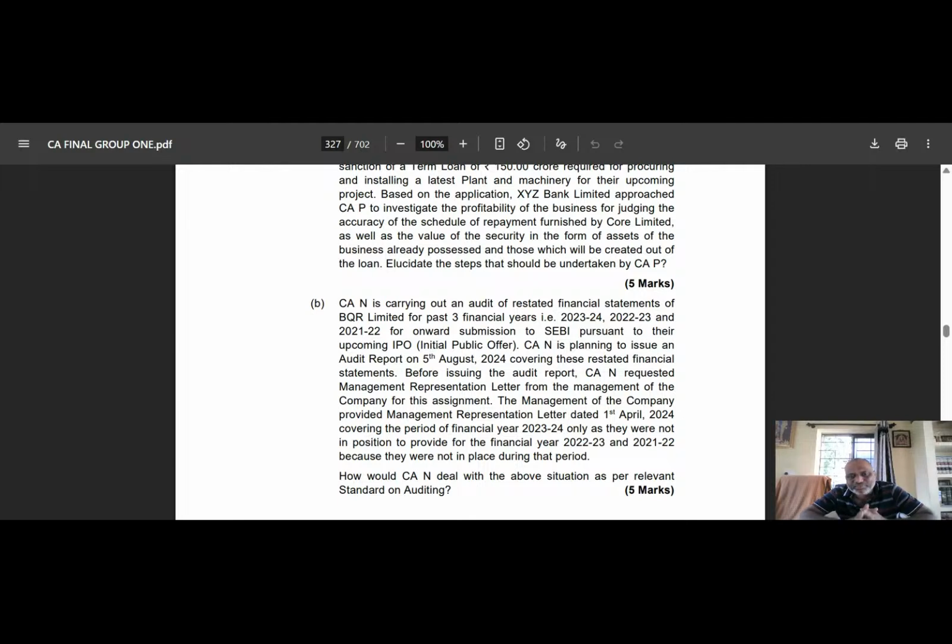The management provided a management representation letter dated 1st April 2024 covering the financial year 2023-24 only, as they were not in a position to provide for 22-23 and 21-22 because they were not in place during the period.